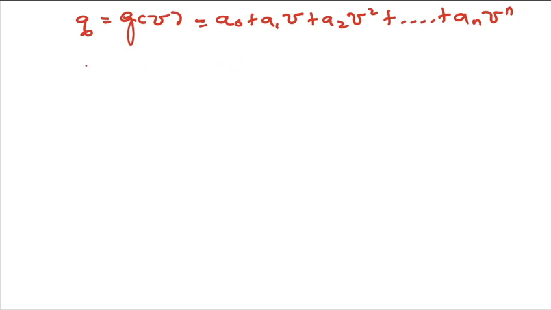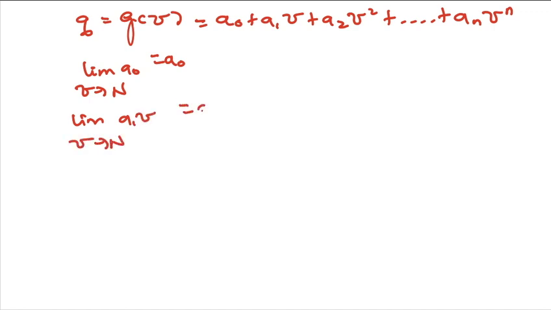Remember when you need to find the limit of a0 as v approaches, let's say n, its answer is a0, isn't it? And you have the limit of a1v as v approaches n is actually a1n, isn't it? And so on and so forth. When you sum all of them, then you get the answer like I showed you a few minutes ago.